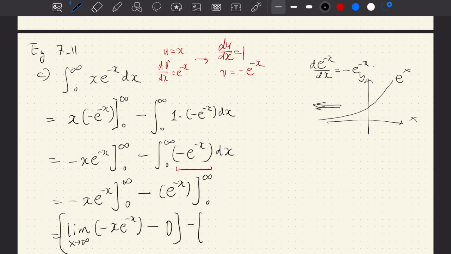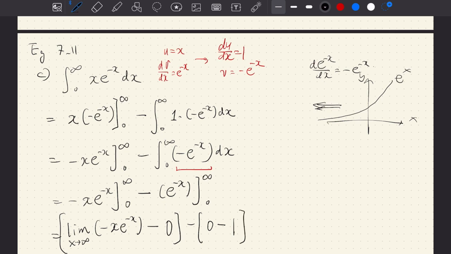So the upper limit gives 0. For the lower limit, you get e to the 0, which is equal to 1.